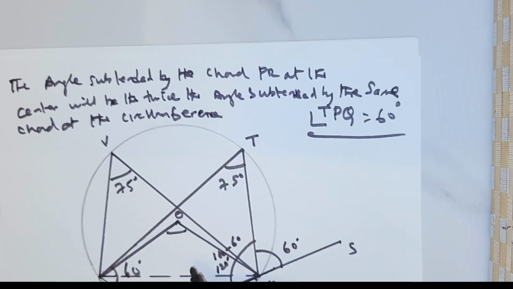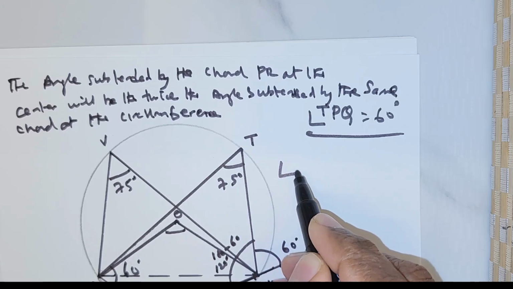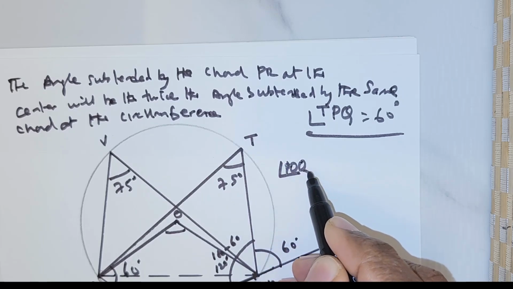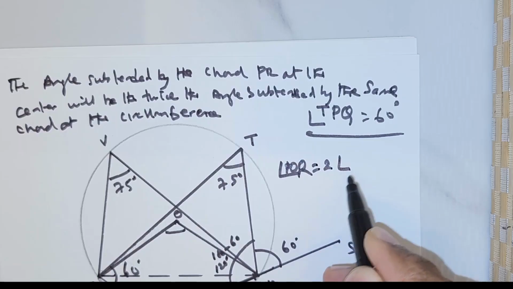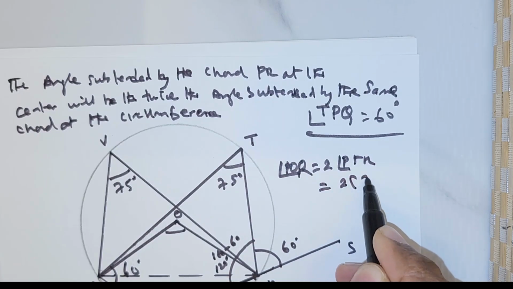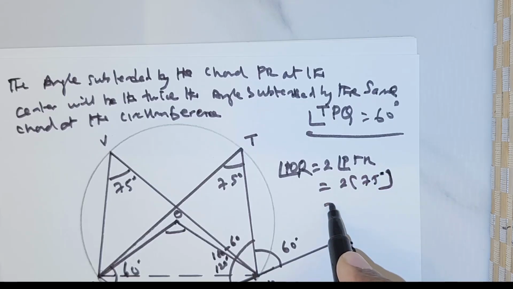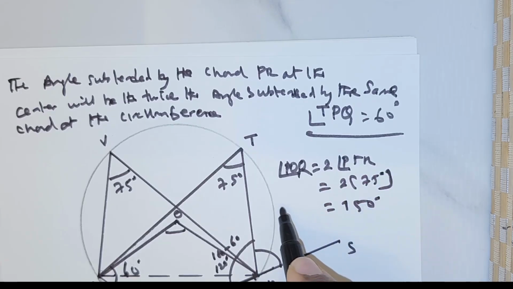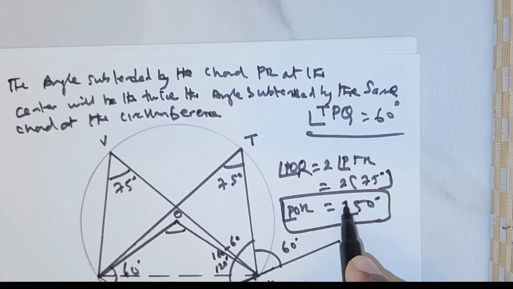Okay, so this means angle POR is equal to 2 times angle PTR. PTR is 75. So this means this is going to be 150 degrees. So angle POR is 150 degrees.